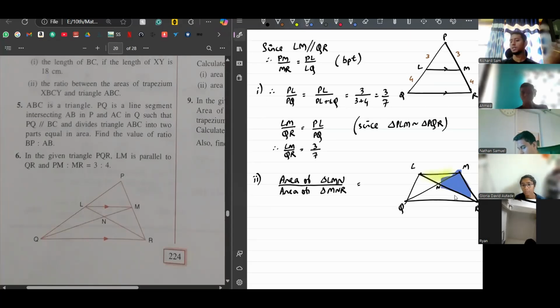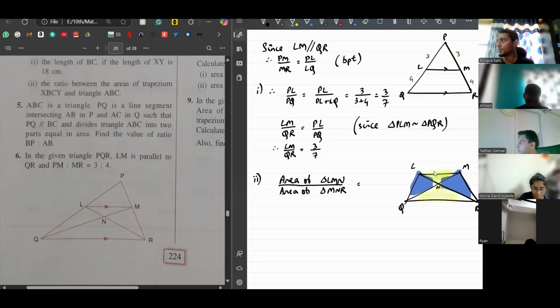Okay, so how do we do this? So what all we know here? LM, MR. See, these two triangles which I've highlighted in similar colors, they're similar to each other.